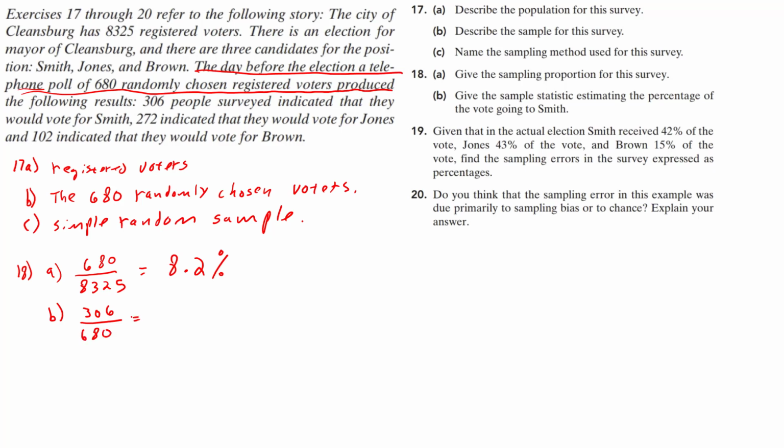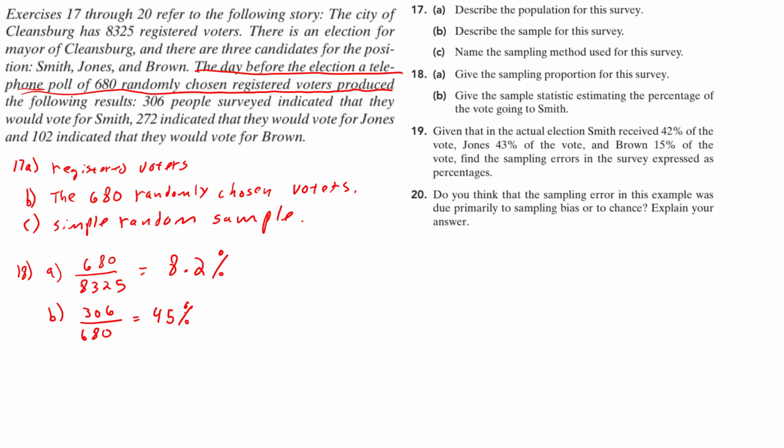So 306 divided by 680 gives us 45%. Give the sample statistic estimating the percentage of votes go to Smith, 45%. So this came from a sample, so it is a statistic, and so from this we're going to glean that 45% of the people will vote for Smith.